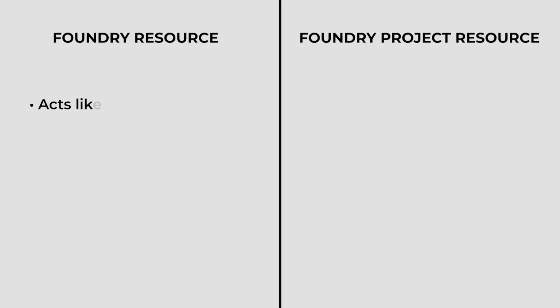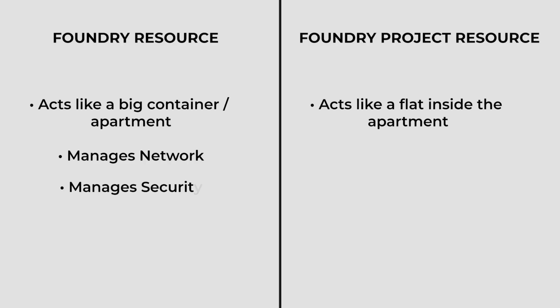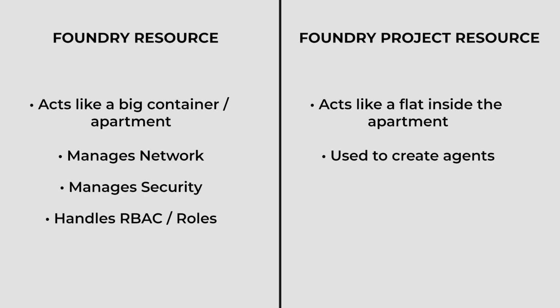Consider the Foundry resource an apartment, a big apartment, and a Foundry project a building block inside that apartment. The Foundry resource is helpful for managing the network and security, if you are aware of RBAC roles and everything, so it is basically helpful for managing everything. The Foundry project is helpful for creating agents inside your Foundry, and also for managing your endpoints.